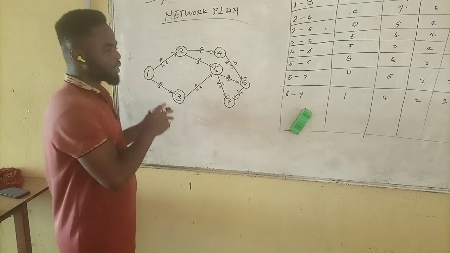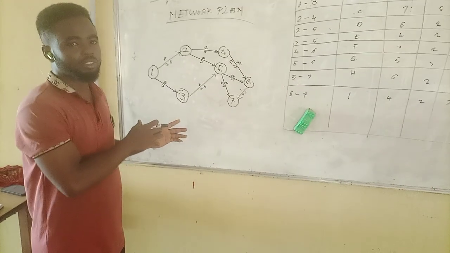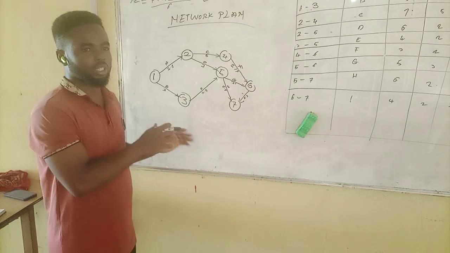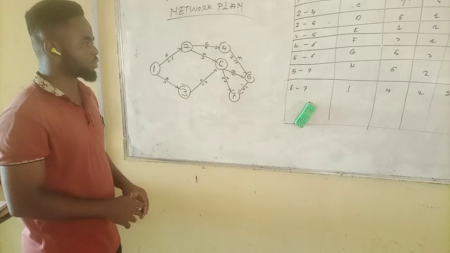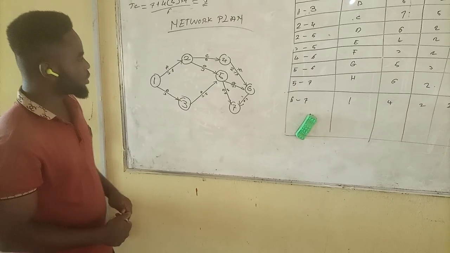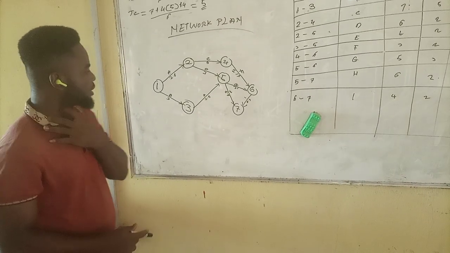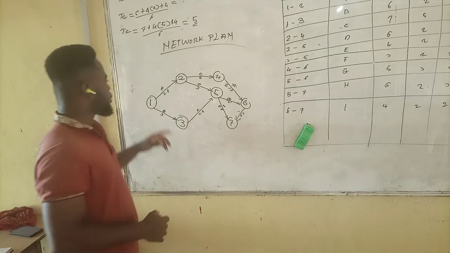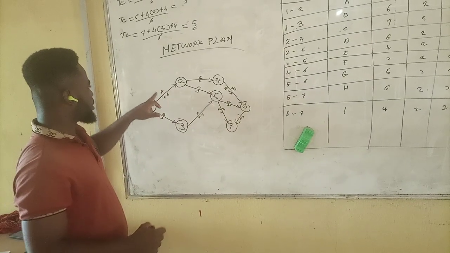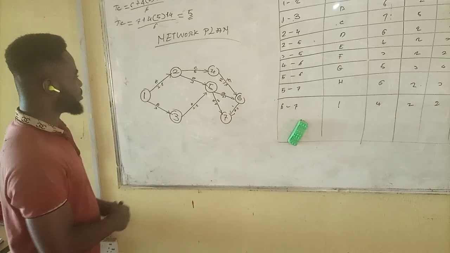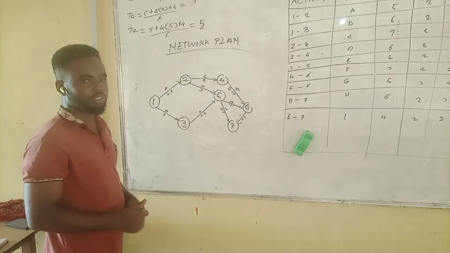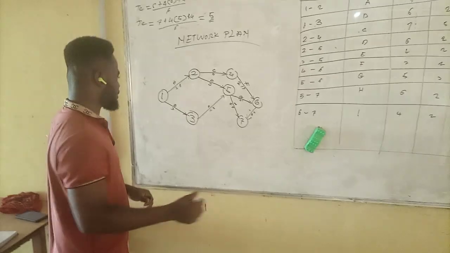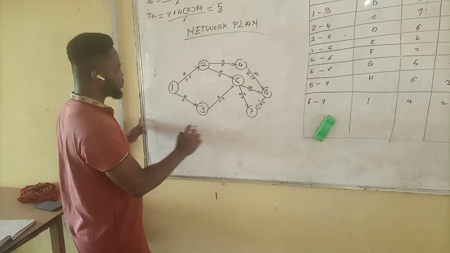The longest path, the most critical path, is the easiest way to know if the work will be completed in 24 months. So to get the answer, we start by bringing them out to calculate, to add, to know the longest path, the most critical path.